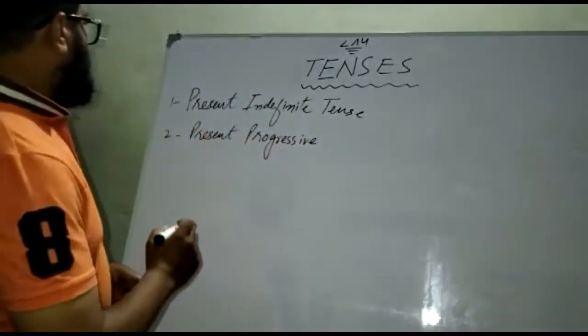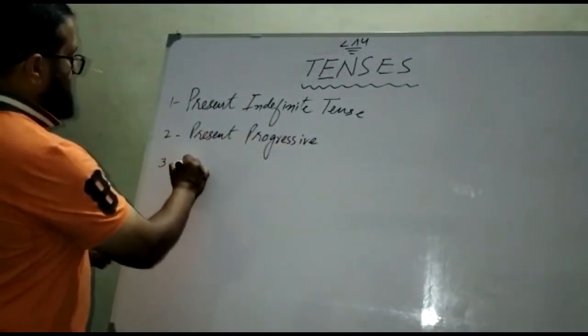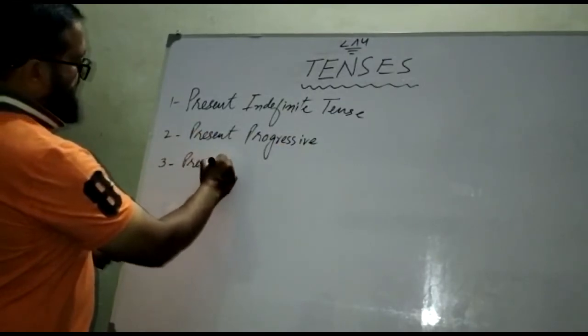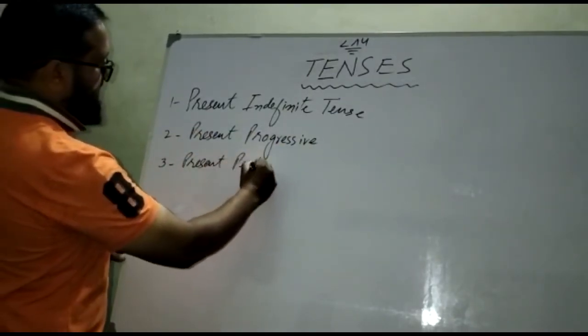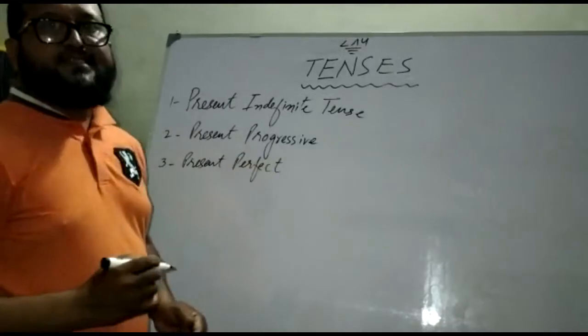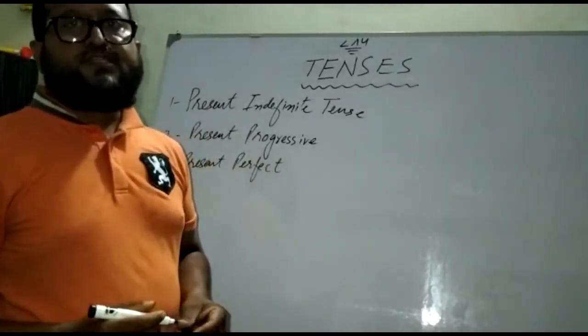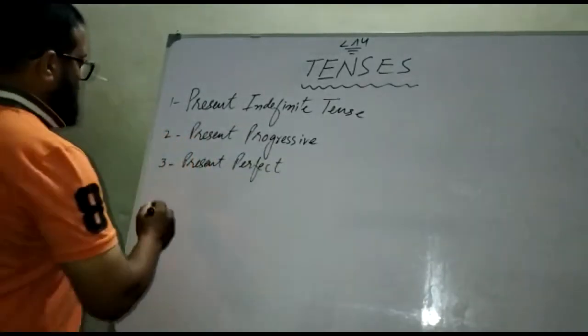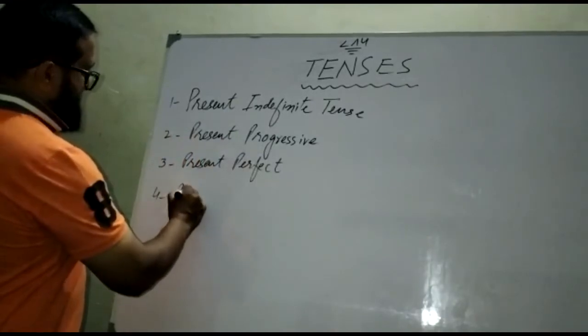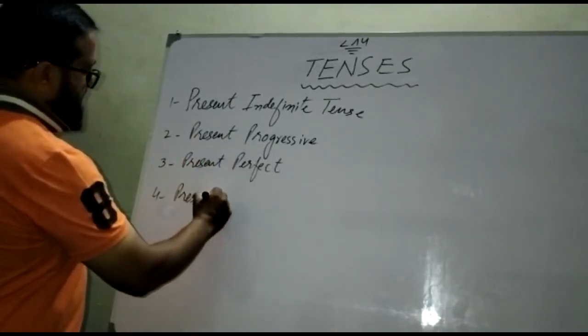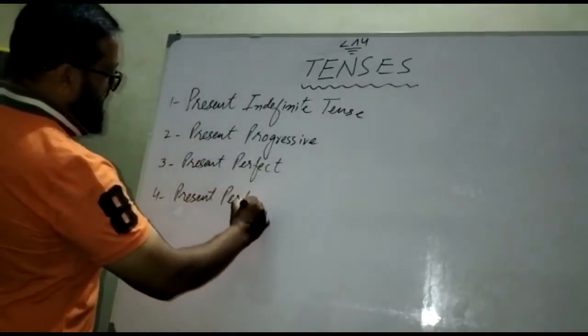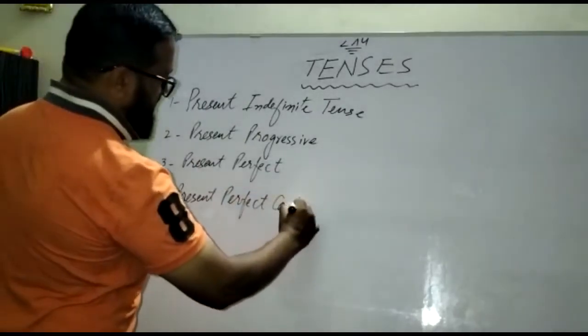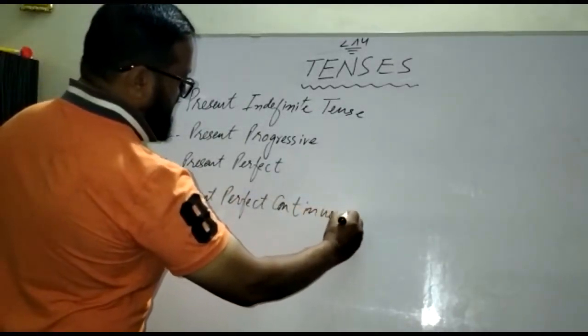The third one is called present perfect tense. And the fourth one is called present perfect continuous tense.